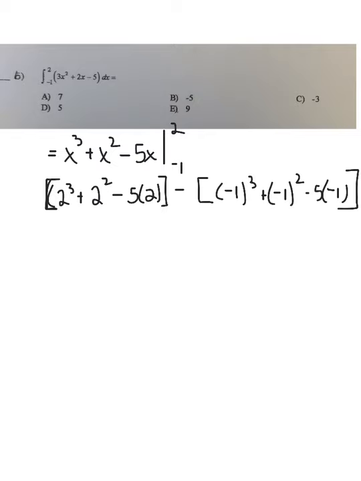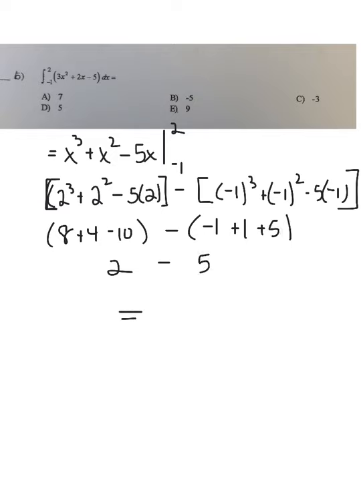So on the left here, we're going to get 8 plus 4 minus 10, which is 2, minus, and then we're going to get -1 plus 1 plus 5, which is 5. So the answer is -3.